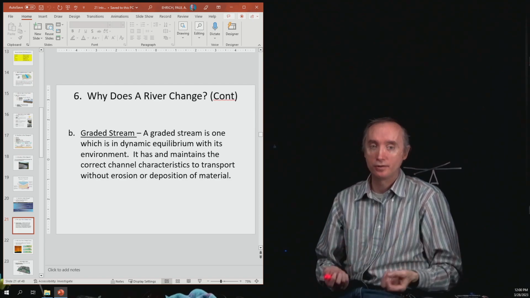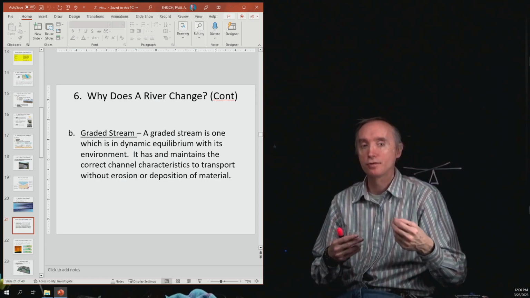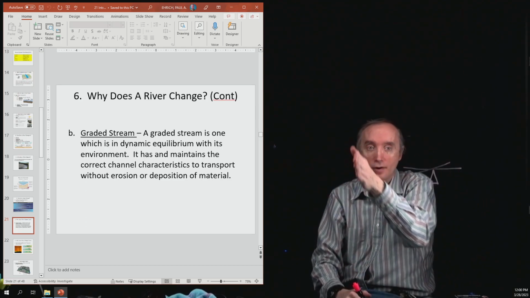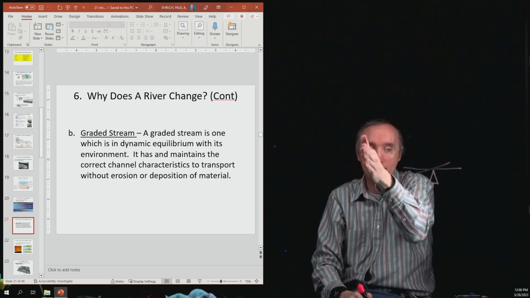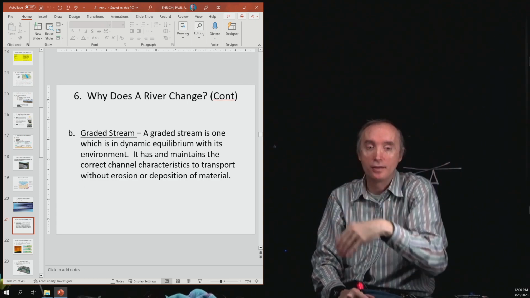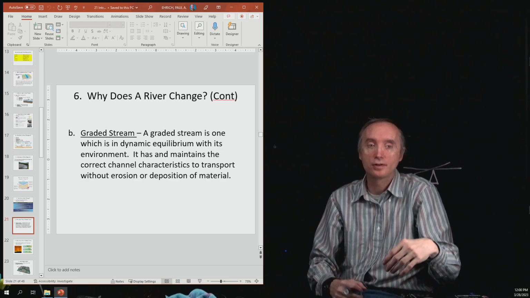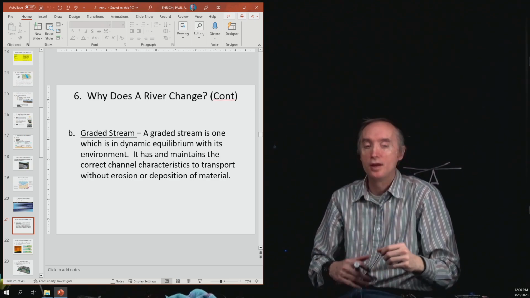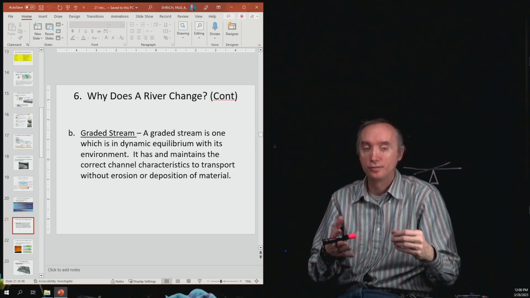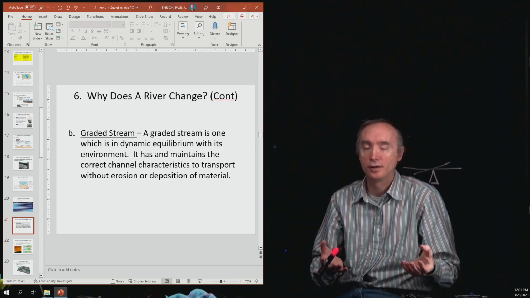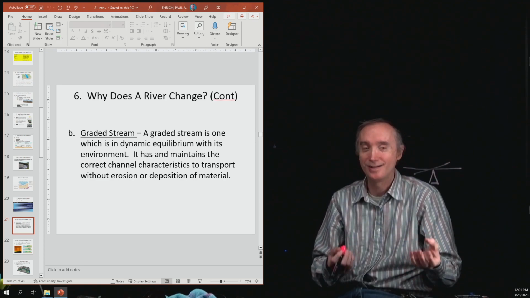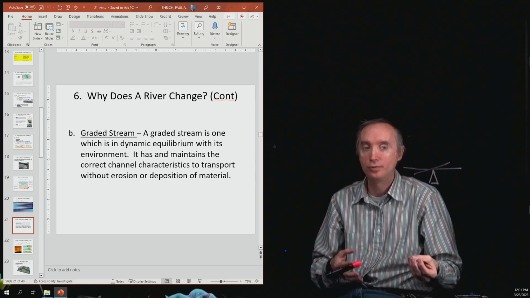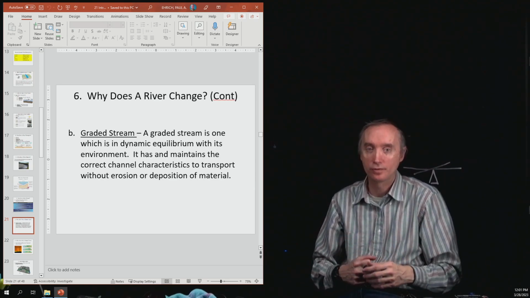So what are the channel characteristics? That's going to be a characteristic depth, a characteristic width, a characteristic shape of the bottom of the channel, and characteristic materials on the bottom of the channel. Under certain conditions, the river is going to want to maintain that shape, depth, and so forth.